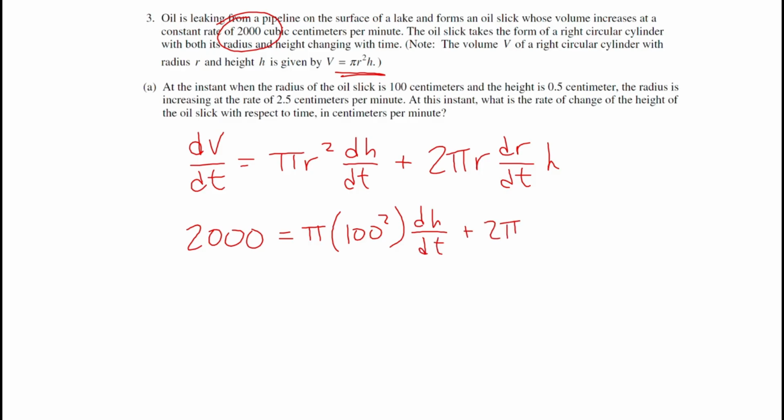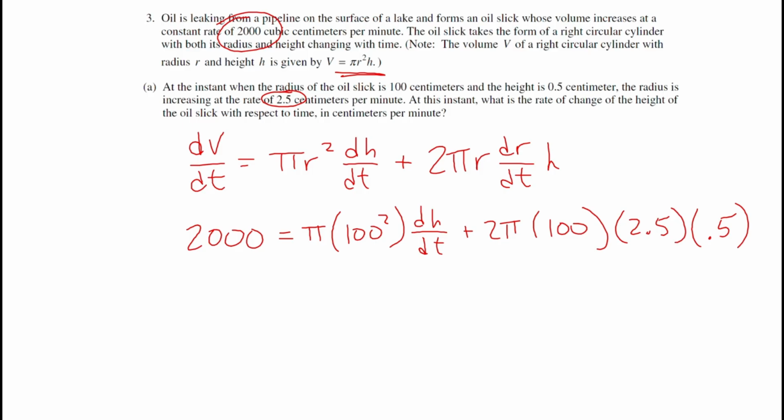We've got 2 pi. We've got an r here, again, of 100. We're given dr/dt, that the radius is increasing at 2.5, so that's a positive 2.5. And our h is just 0.5 as given in the problem. So all we have to do is solve this for dh/dt.